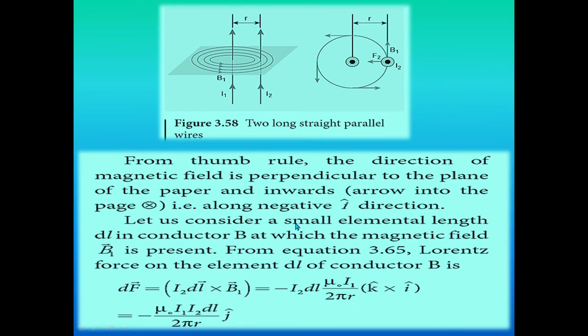Let us consider a small element of length. First of all, we should calculate the small element current and magnetic field. That is why let us consider a small element of length dl in conductor B. B is the symbol of magnetic field.